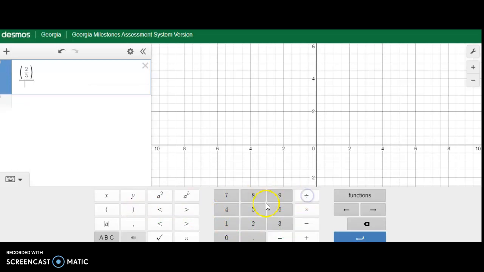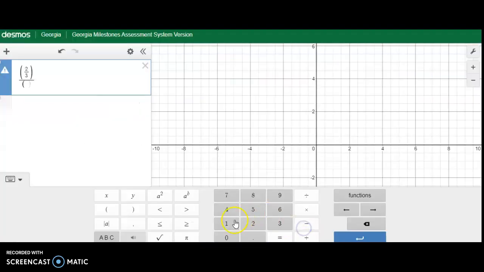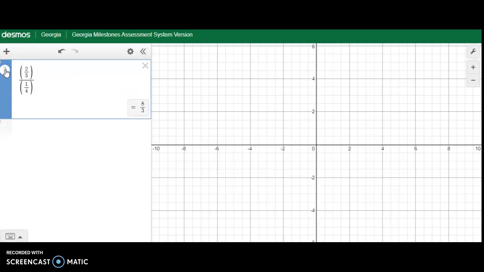And we're going to divide that by another fraction. So I'm using parentheses again, 1 divided by 4, and then I close that parentheses. Now notice we have a fraction divided by a fraction. It gives us a decimal answer, and we don't want our answer as a decimal, so we're going to hit this convert to fraction button.